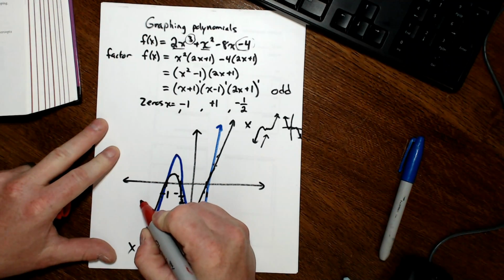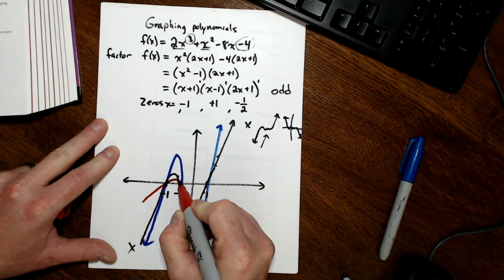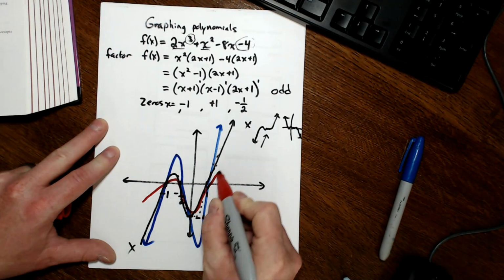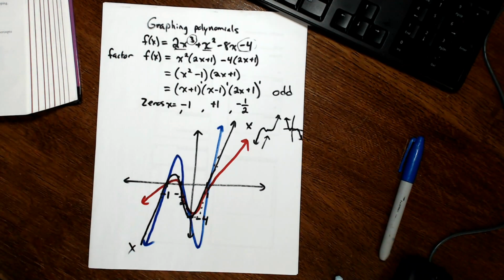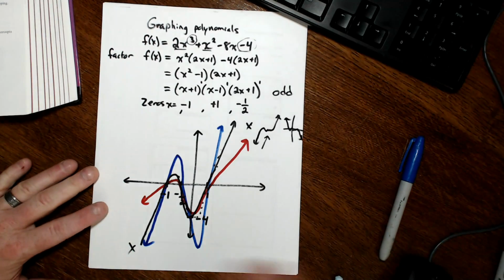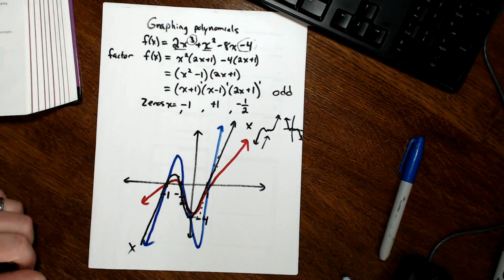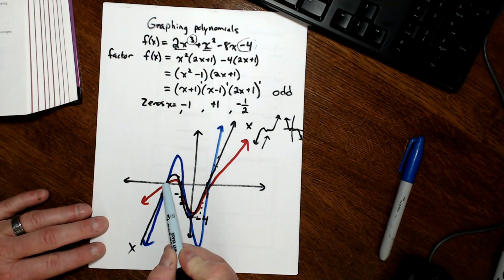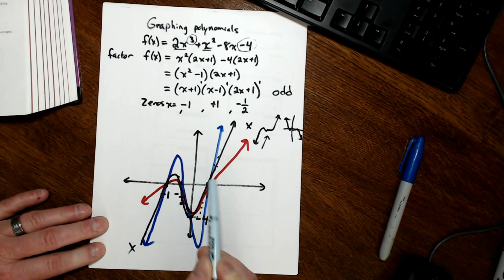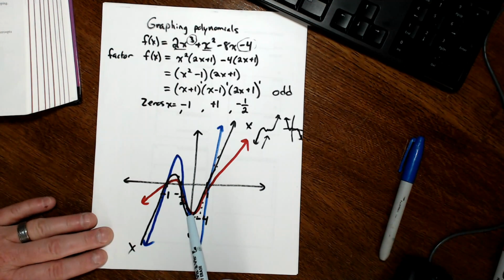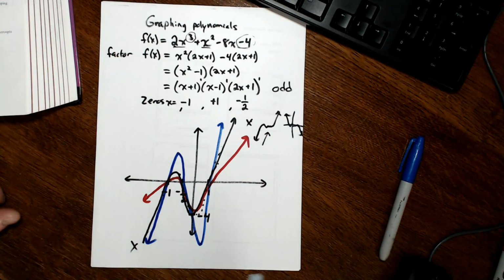It could be something like this. But for most cases, when we use these polynomials, what we really care about are the points where it crosses the x-axis, where it crosses the y-axis, and then what happens at our extremes.